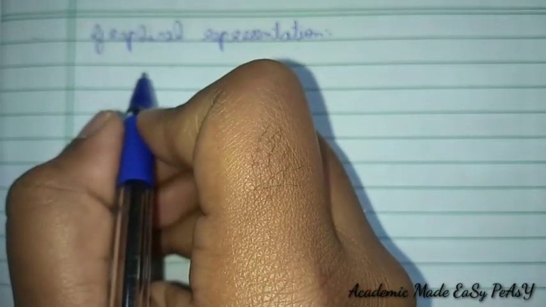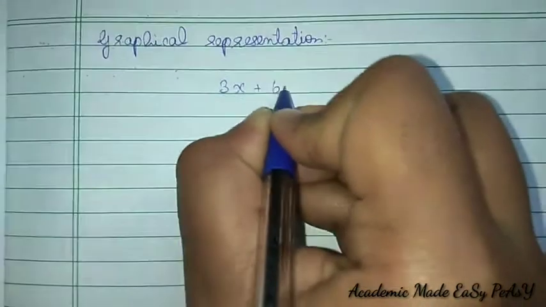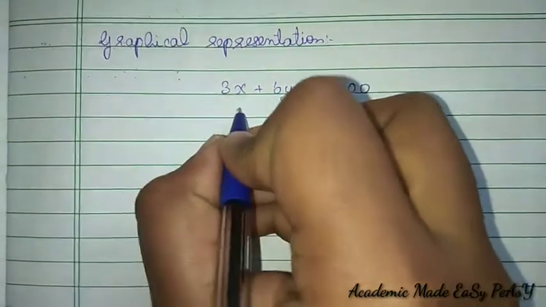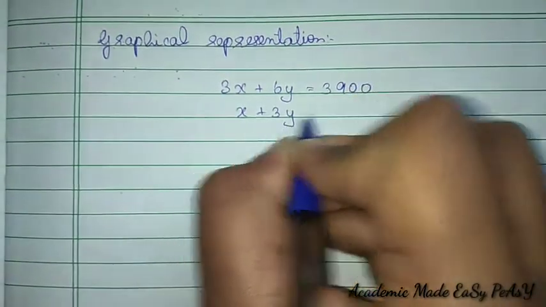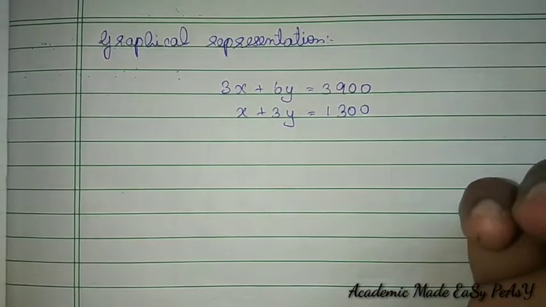We have to write it over here. So for graphical representation, 3x plus 6y is equal to 3900. Second equation is x plus 3y is equal to 1300. Okay, these are the two equations.